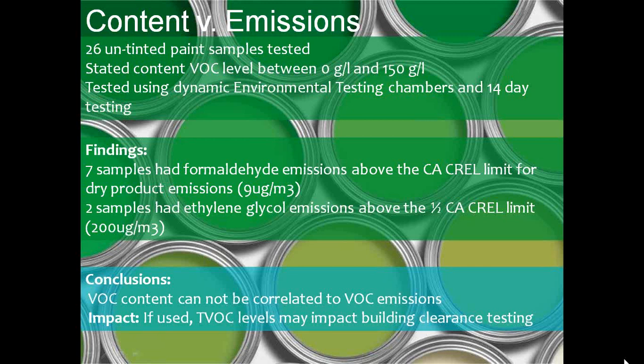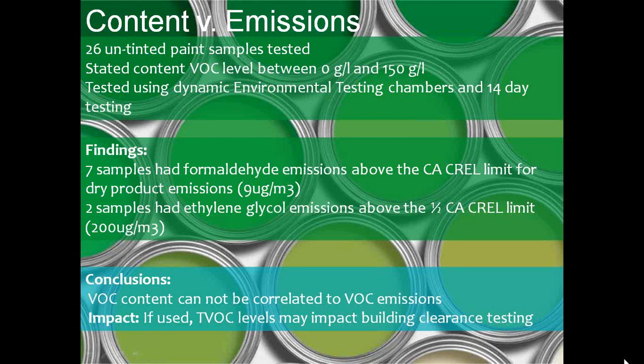So that's about 35% of the samples didn't make it. And what we found is that 7 of the samples had formaldehyde emissions that were above the California chronic risk exposure level for emissions, and 2 of the samples had a very prominent chemical known as ethylene glycol emitting from them that, quite honestly, affects very sensitive environments.